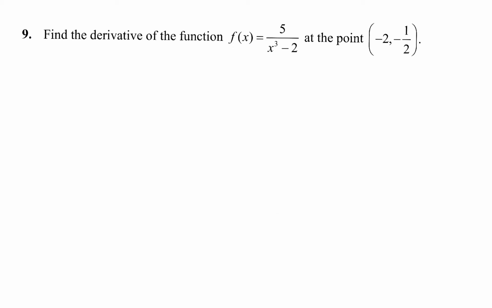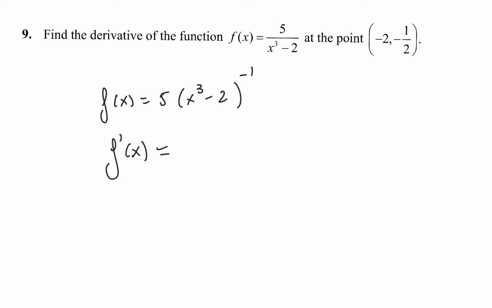Now let's go to do problem 9. It's find the derivative of the function f of x. Let's go to do it very, very fast. F of x is 5 times x cubed minus 2. What is f prime of x? The slope at any point x, the derivative. And this is x cubed minus 1.